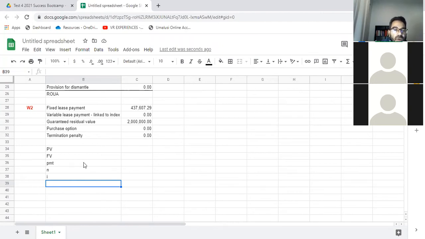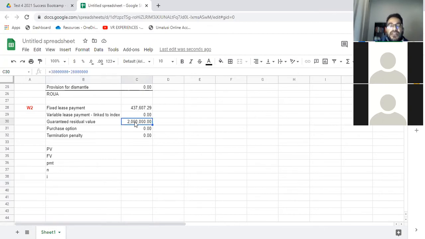Okay, so what's happening over here with the guaranteed residual value? We're guaranteeing the lessor that at the end of the lease term, we're going to pay them 30 million. But what's actually happening is that what we are guaranteeing the lessor is that at the end of the lease term, they're going to get 30 million rand. So whether we're going to take the lease building over or not, they didn't say that.